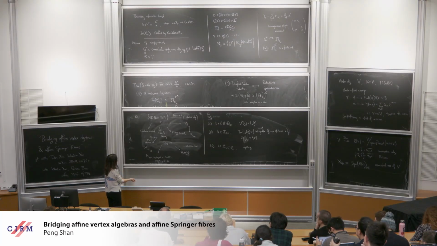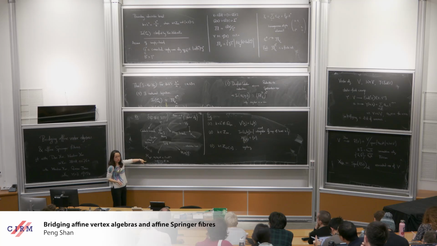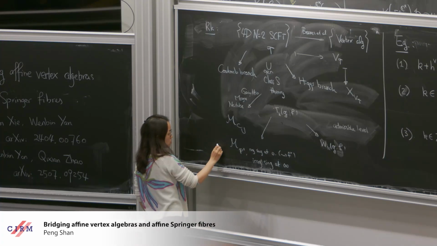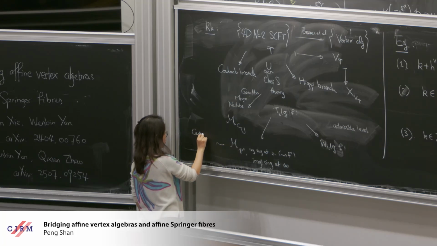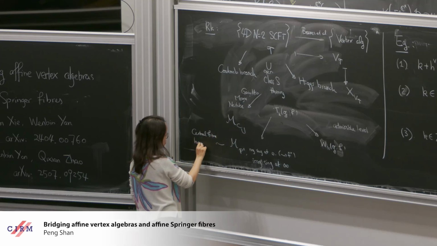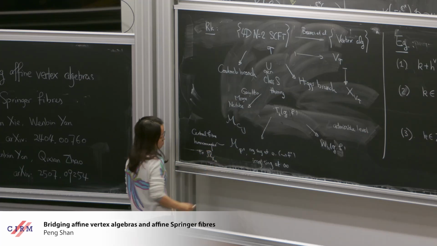And then they have some prediction that the irreducible of this vertex algebra should correspond to a C-star fixed point in this Hitchin system. And this has a central fiber, which is homeomorphic to the Springer fiber we have been considering.